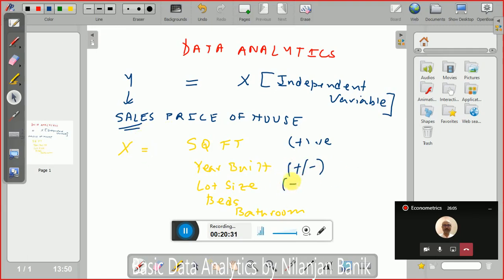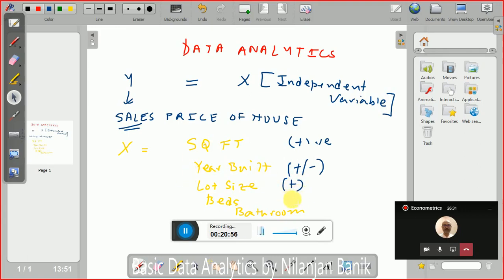Lot size, again, we would expect the higher the lot size, the higher the price. The difference between square feet and lot size is, in addition to the built up area, how much more free area you have for gardening activities. That is the lot size. In the US, houses also have swimming pools and things like that. So the bigger the lot size, the more is the price.